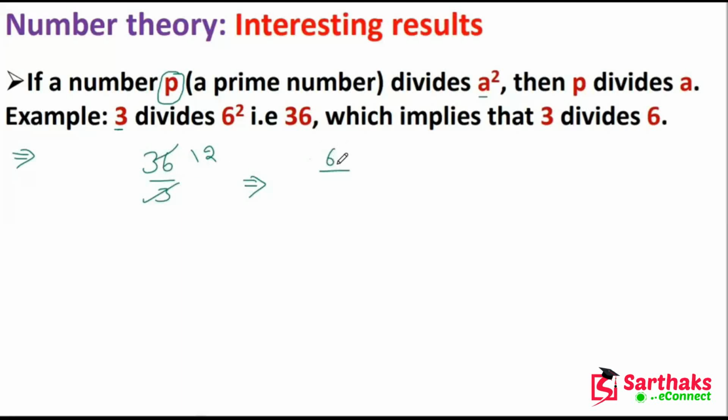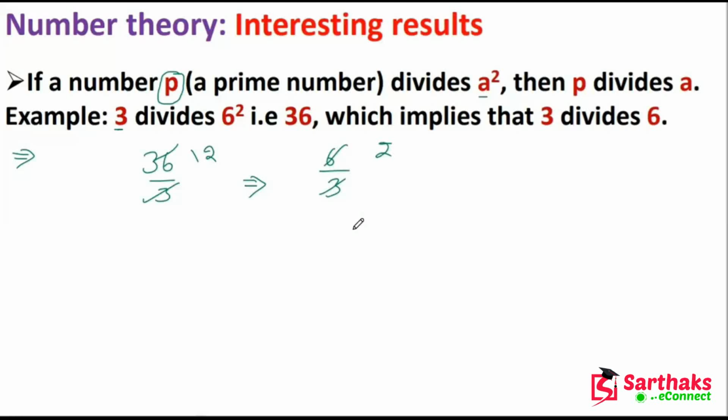And 6 can also be divided by 3. How many times? 2 times. So I hope you got this point. This theory is very important, which will be used in the questions.